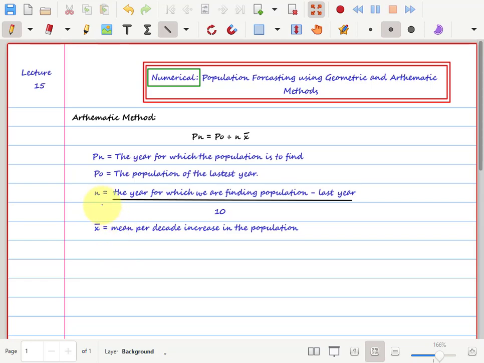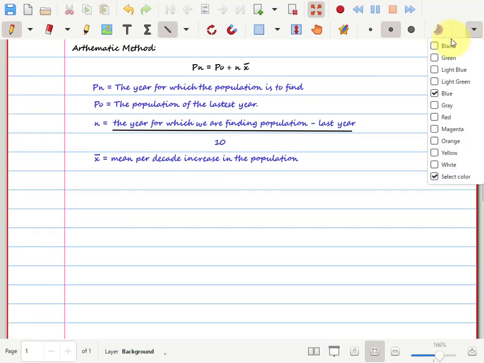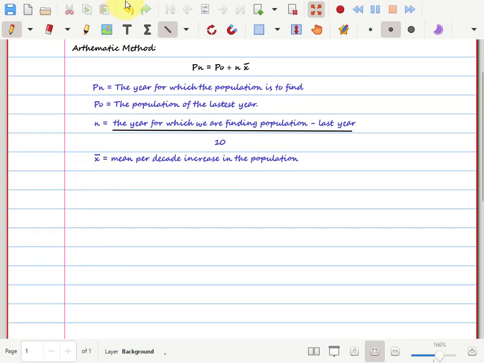Let's try to solve a numerical problem for the arithmetic method. Let's write down the statement, problem 1, right? Let's change the color to black.